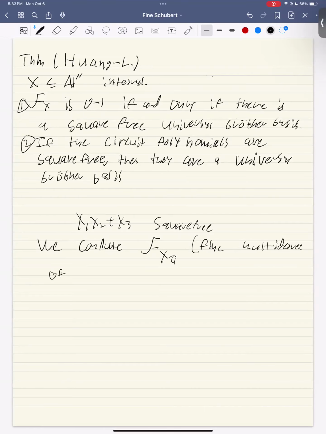We call this the fine Schubert polynomial. And then we apply the theorem to deduce that the circuit polynomials are a universal Groebner basis.